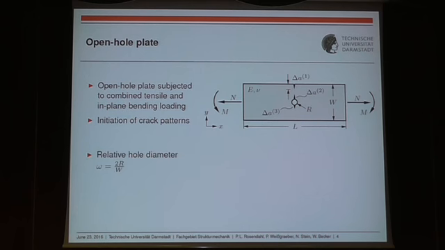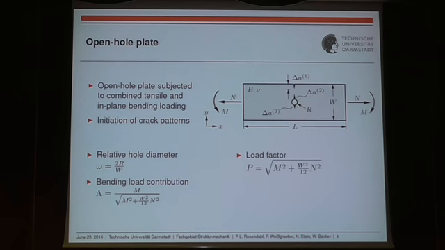For the analysis, I want to introduce a couple of non-dimensional parameters. One is this relative hole diameter, which just relates the diameter of our hole to the plate's width. Then we have the bending load contribution, lambda, which is essentially the amount of strain energy stored in an Euler-Bernoulli beam without a notch, if we load it by bending, related to the strain energy in such a beam loaded by tensile and bending loading.